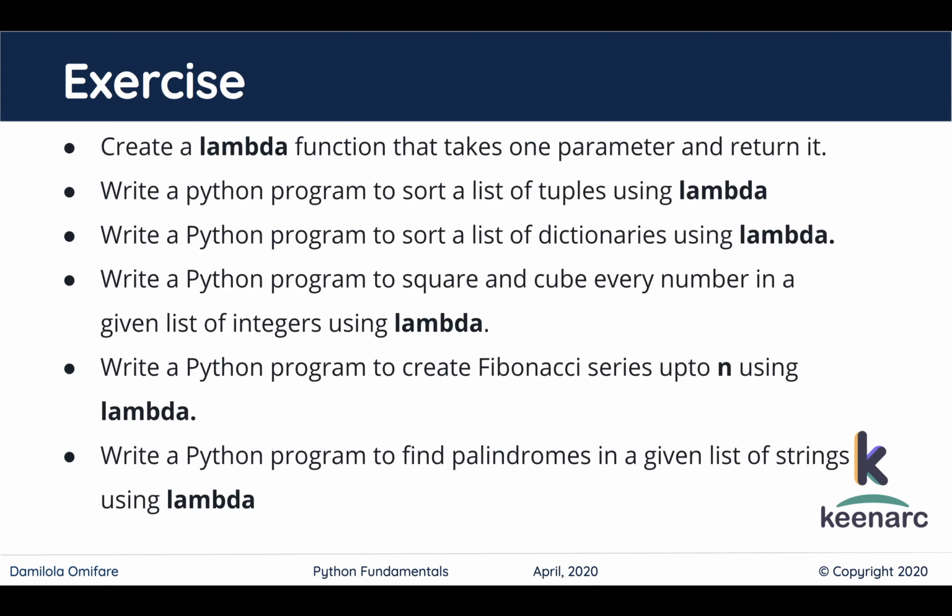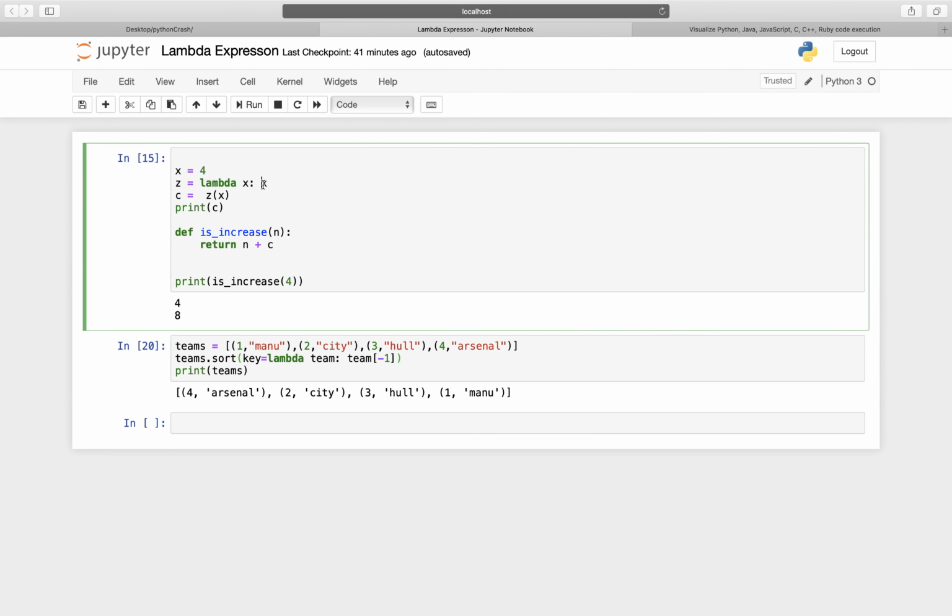So the first one is this that I did here. I'm saying, create a lambda function that takes one parameter and returns it, which is this. So this lambda function takes an x and gives me back x.